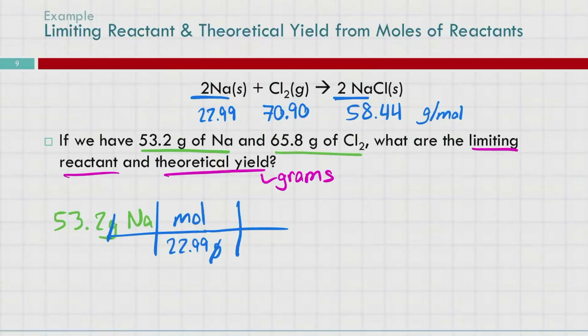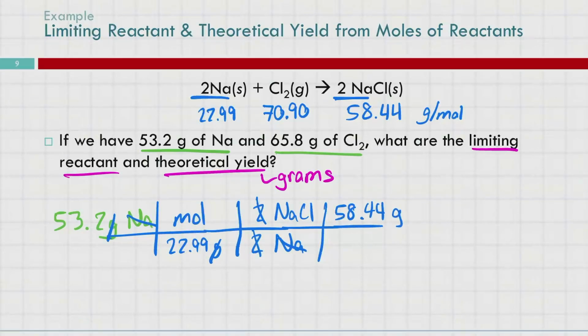We get out 2 sodium chlorides for every 2 sodiums that we put in, so we've got a 2-to-2 ratio. Since we've got a 2 on the top and a 2 on the bottom, we don't need to put that into our calculator. So that's our stoichiometry step. And then we're going to bring it back to grams by multiplying by the molar mass of sodium chloride.